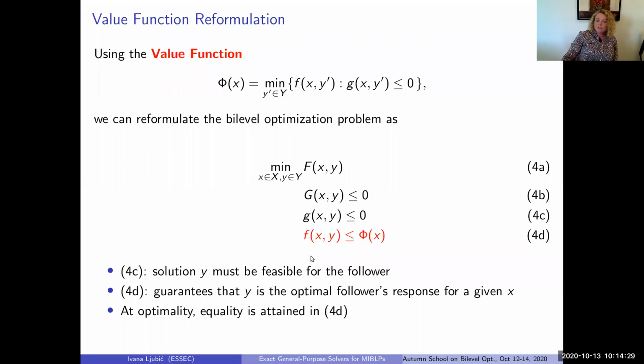Okay, so now this reformulation suddenly looks a little bit more like a standard single level optimization problem, except that we have, of course, the difficulty that we do not know the value function and we don't know how to describe it. Actually, in bilevel optimization, the value function will be non-convex, non-continuous, and will be very difficult to describe.